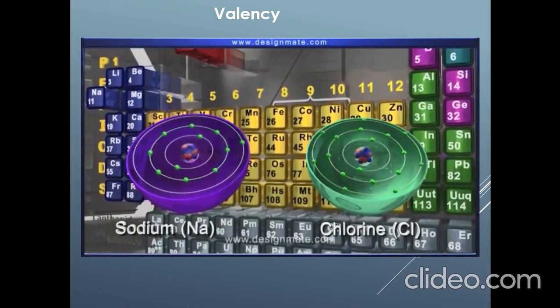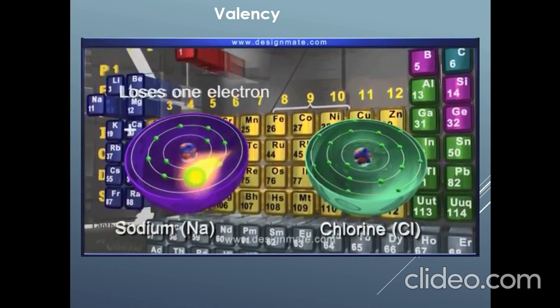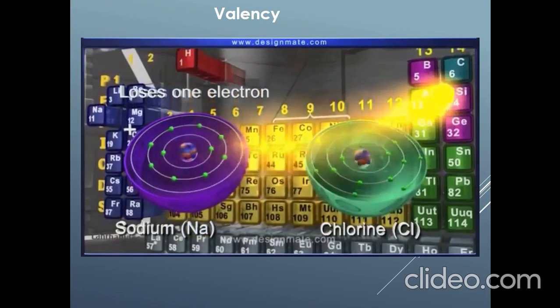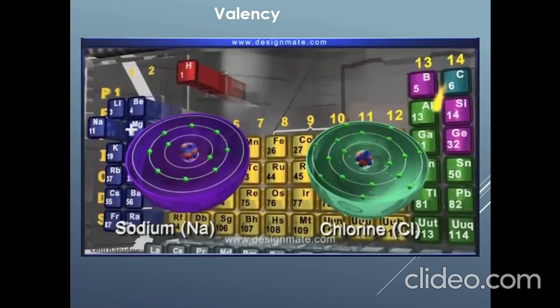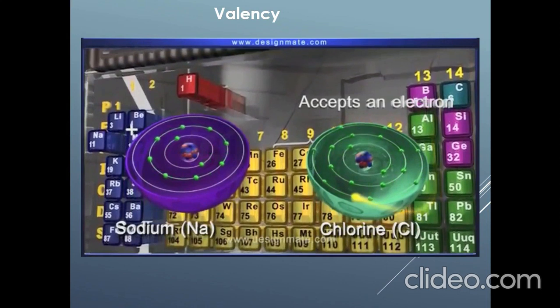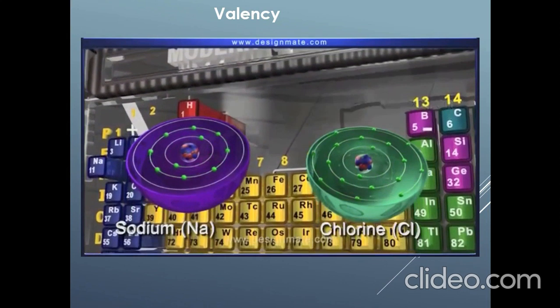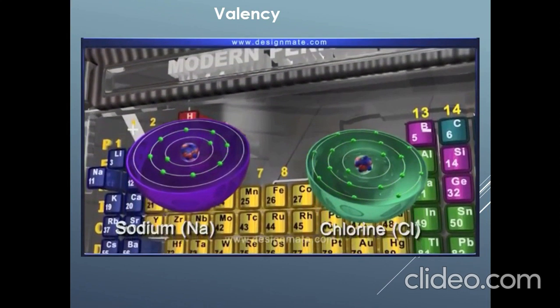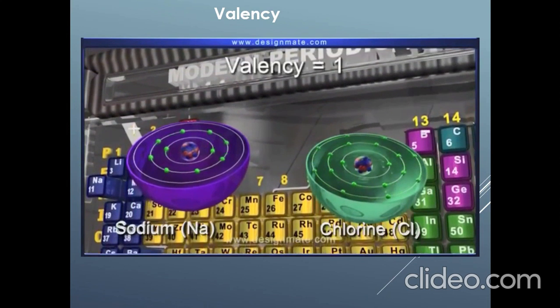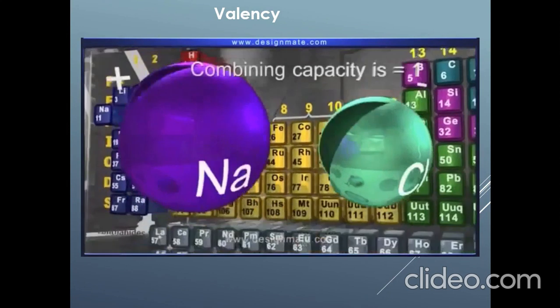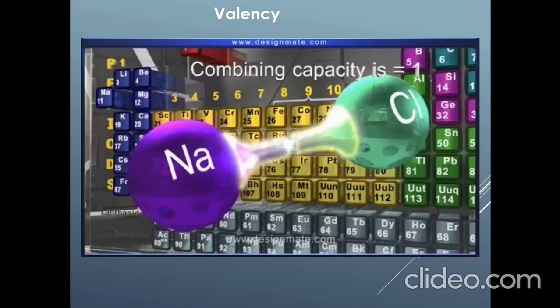Sodium finds it easier to lose 1 electron rather than gaining 7 electrons to complete its octet, while chlorine easily accepts an electron rather than losing 7 electrons to complete its octet. Thus, both sodium and chlorine have a valency of 1 as their combining capacity is 1.